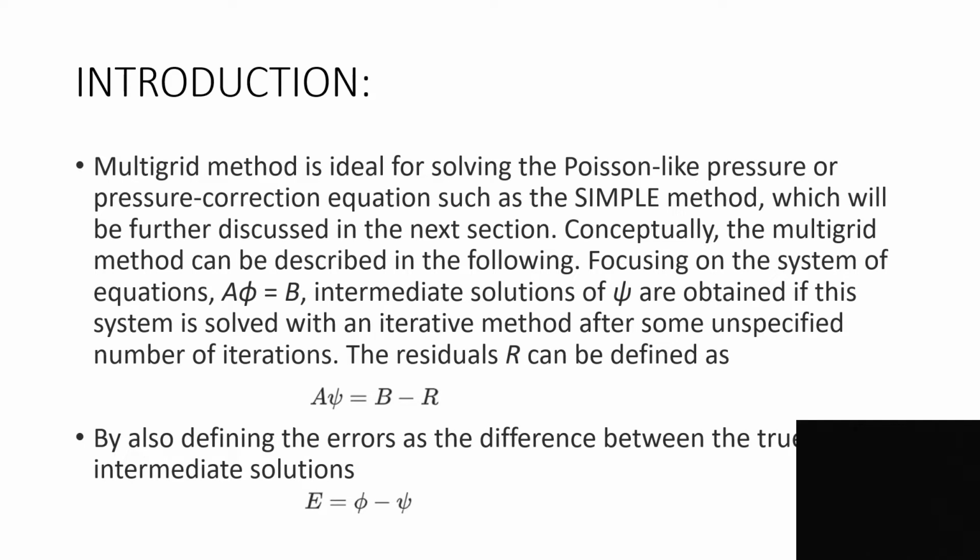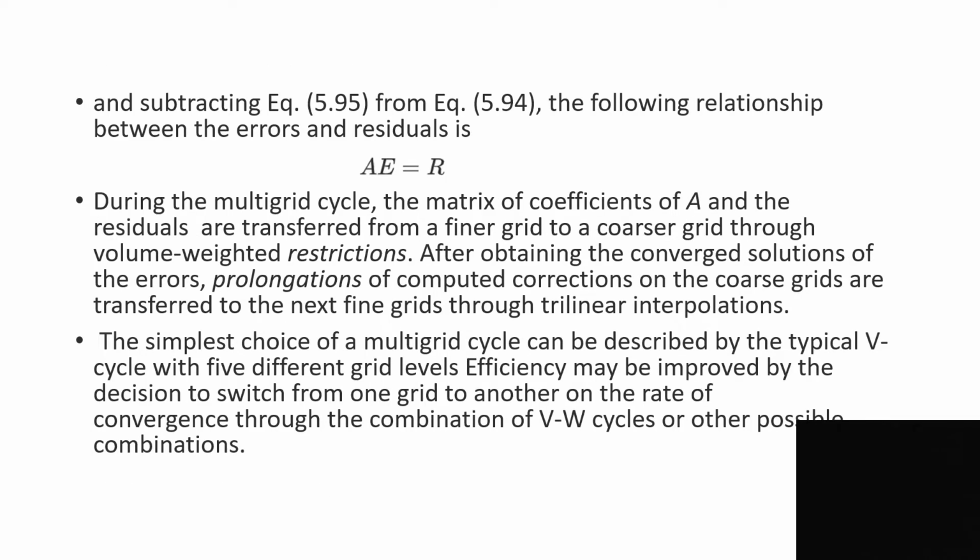Also defining the error, or the difference between the true and intermediate solutions, e = phi minus u, and subtracting equation 5.95 from equation 5.94, the following relationship between the error and residual is obtained: A e = r.